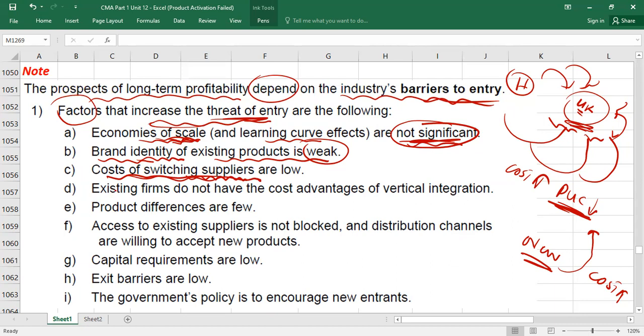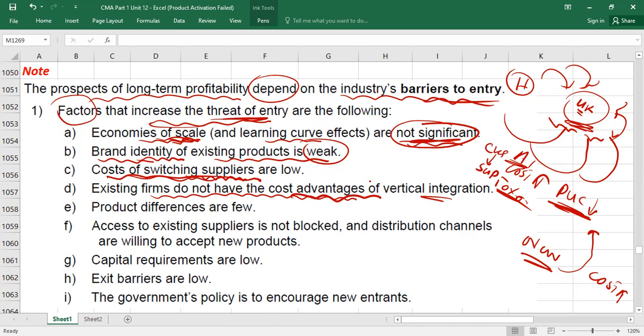Then the next point: existing firms do not have the cost advantage of vertical integration. Vertical integration, guys, is for example when a customer merges with a supplier. For example, Toyota, if they merge with Alphatheme, where Alphatheme is the customer and Toyota is the supplier, right or wrong? So when there is no cost advantage, meaning costs are not less, maybe product cost or distribution cost is high, obviously when a new entrant enters, he will also face high cost.